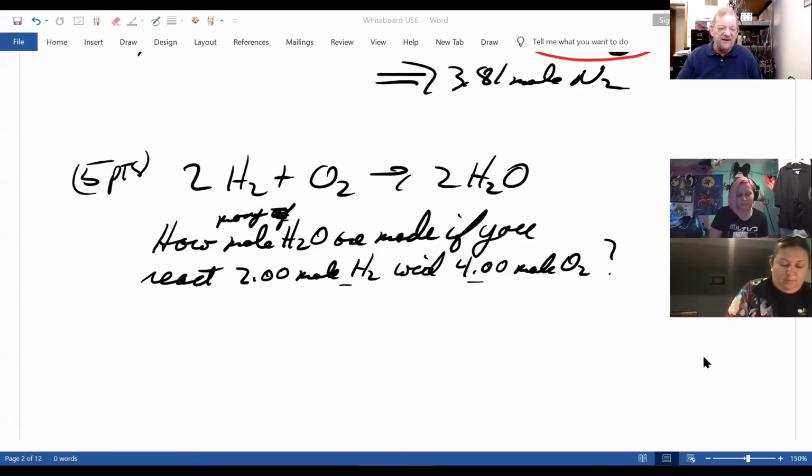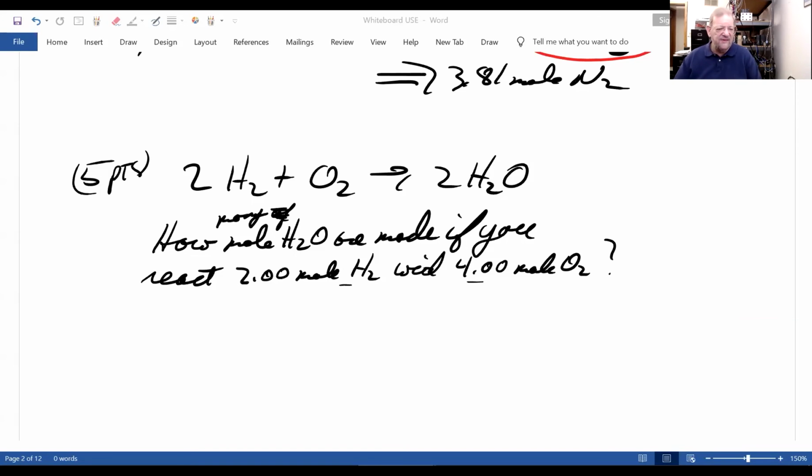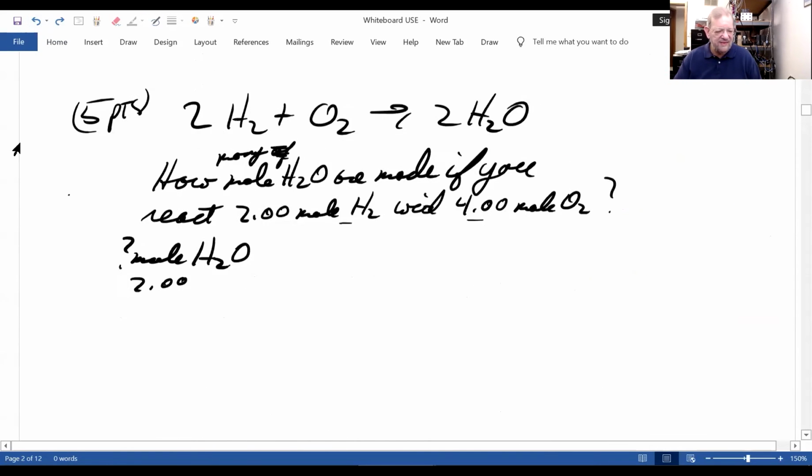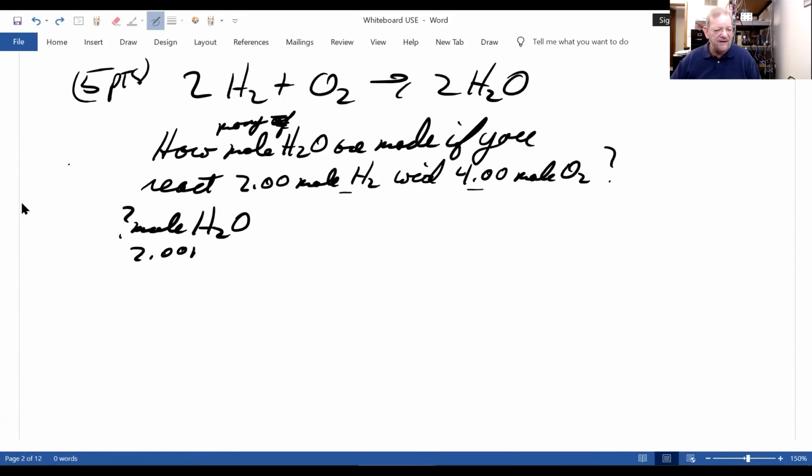So what are we trying to find? That's the first question you should be able to answer. And that's moles of water. What are we given? 2.00 moles, not mil, moles of hydrogen and 4.00 moles of oxygen.